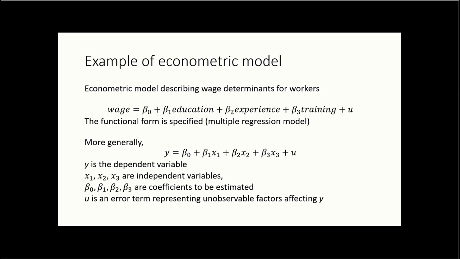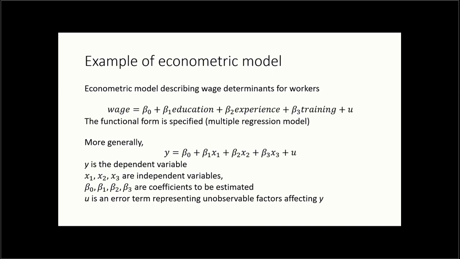So notice here that there's a correspondence between the model that we have above that is a little bit more specific and the model that we have below that is a little bit less specific, kind of a more general interpretation. So this x1 is how we denote the variable education. x2 is how we denote experience, and x3 is how we denote the variable training.